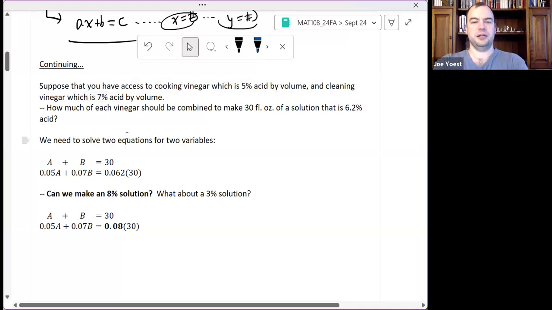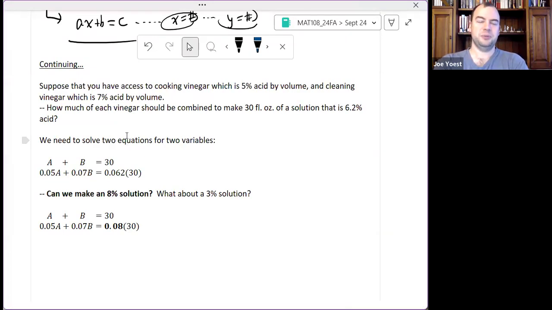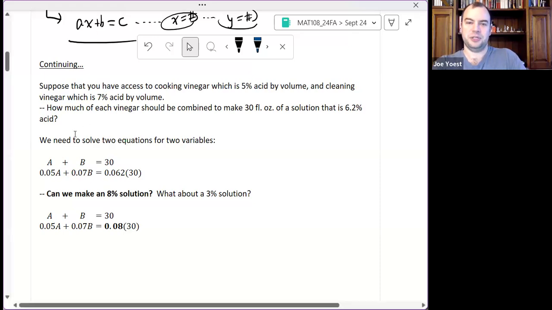So be a little bit careful when you think about percent change versus percentage point change. There's only a 2 percentage point increase, but going from 5% to 7% acidity is actually a 40% increase in acidity for those 2 percentage points on a scale of 5 percentage points. So these are actually fairly different acidities.